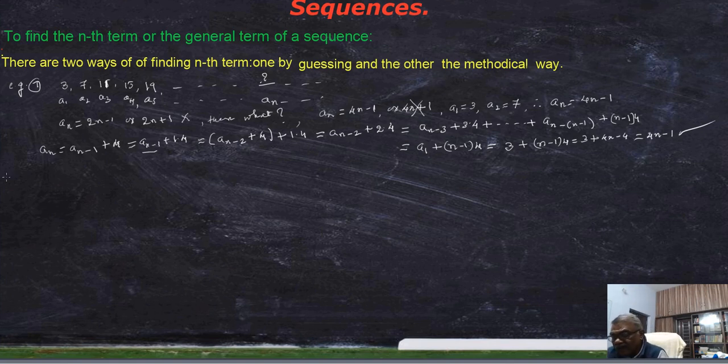Similarly, we can write down another example: 2, 5, 10, 20, 40, 80, and so on and so forth. Now here, the first term is a1, that is 5.